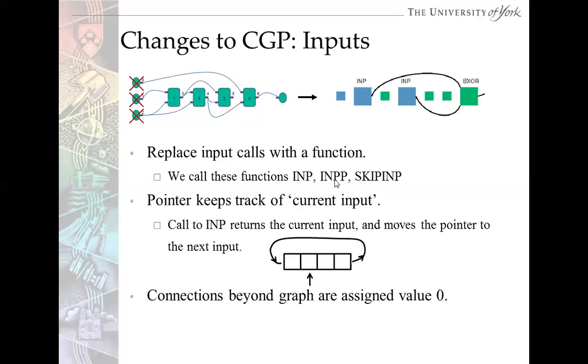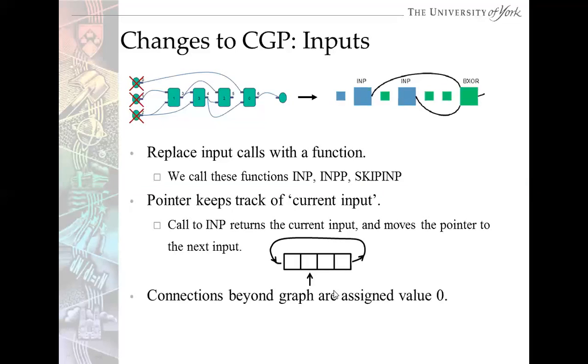The function input p is the same as the input function, except that it decrements the pointer. And skip input takes one of the parameters, and we'll come on to this in a minute. Self-modifying operations have parameters. It takes one of the parameters and it moves this input pointer by more than 1 place.